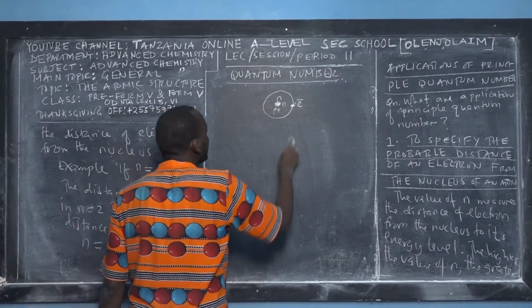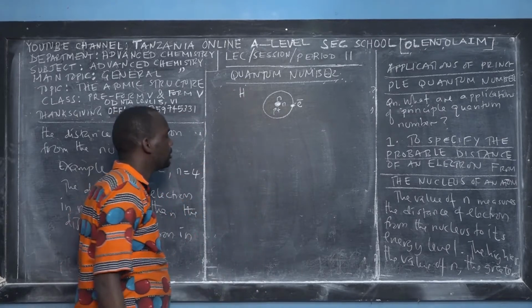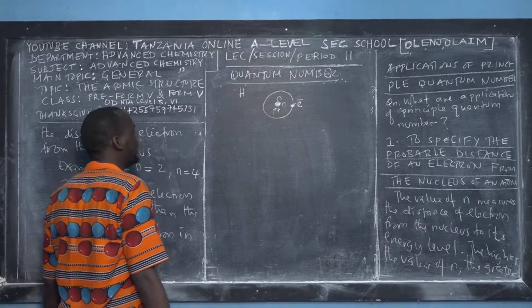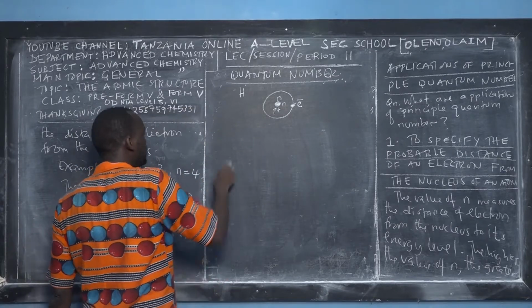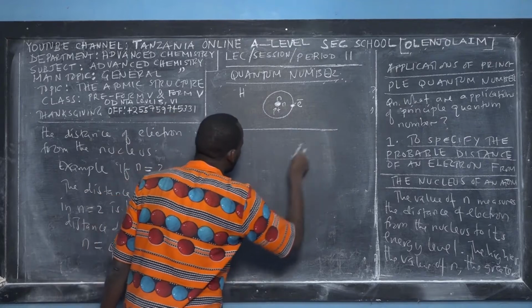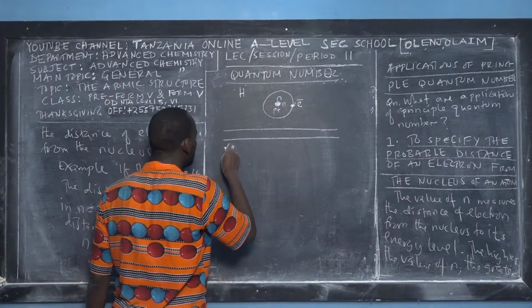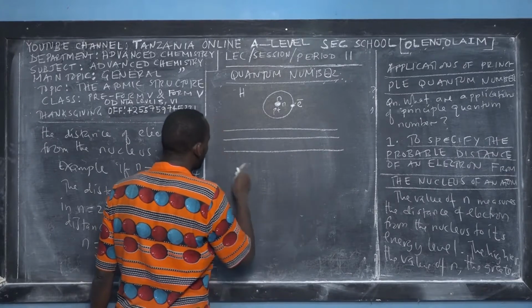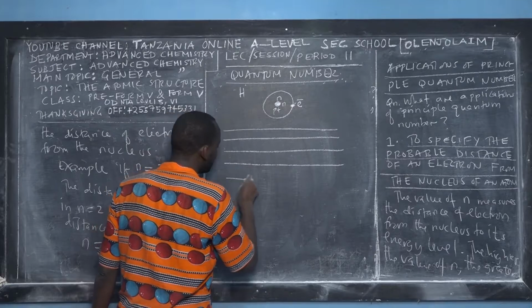So this we used to call a shell. For example, let's suppose that this is a hydrogen atom. This is the shell. When experiments were done on the shell of an atom, chemists and physicists found several energy levels in the same shell.